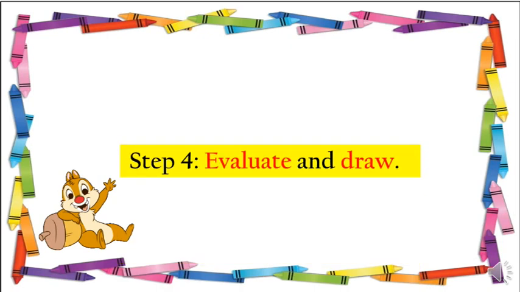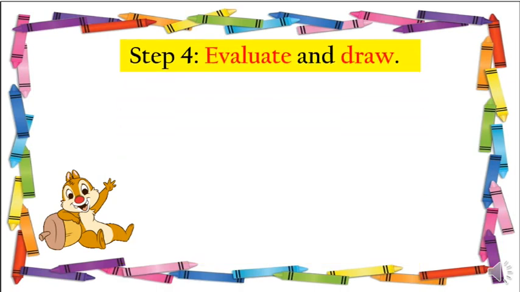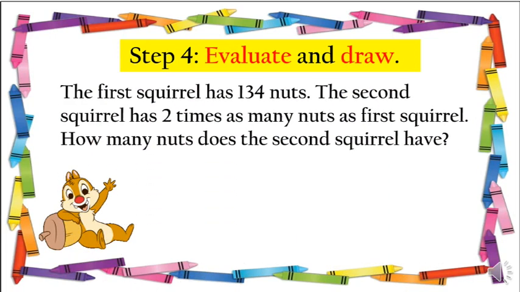The fourth step. Can you tell what was the fourth step? Yes, evaluate and draw. What was the meaning of evaluate? Excellent students, to find the solution for the problem. So, let us write the statement like we wrote in the first example, in our own words.